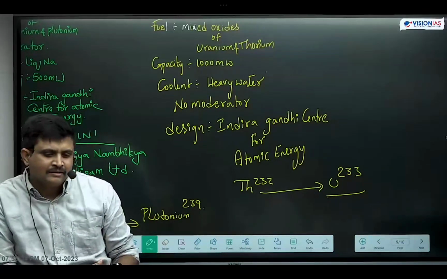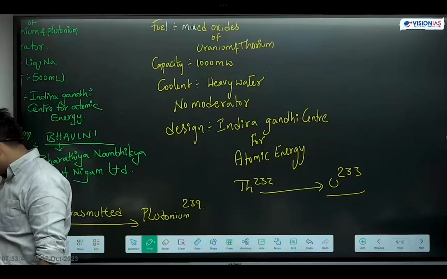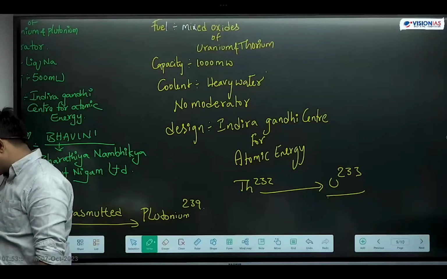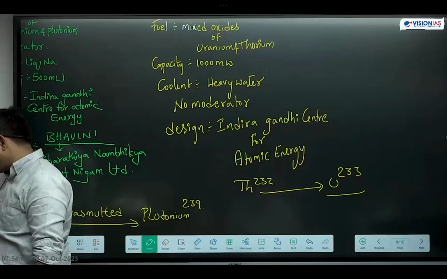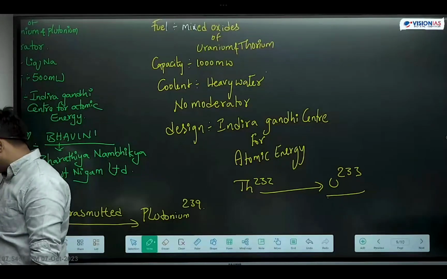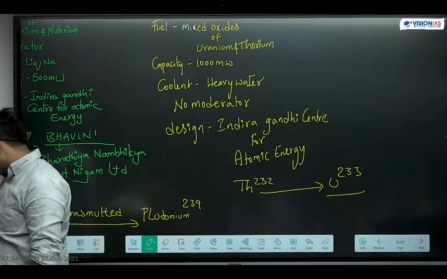Next one is use of liquid sodium as a coolant in the second stage of nuclear reactors. It has the following benefits. First one is the thermal holding capacity of sodium is very high compared to other coolants.